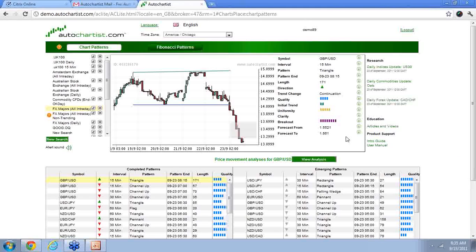Okay, now other components of this area of the AutoChartist platform that we're looking for include the interval. Now, the interval is important because this represents the time interval of the data in which the pattern was determined. So we have the ability to look at 15-minute all the way up to 1440 minutes, which is a daily chart.